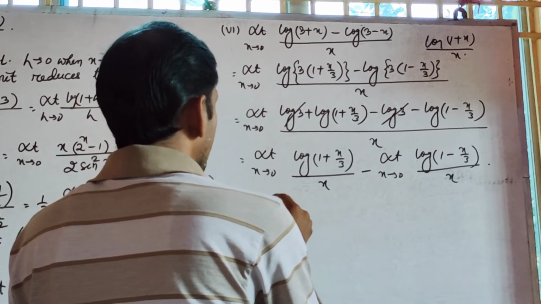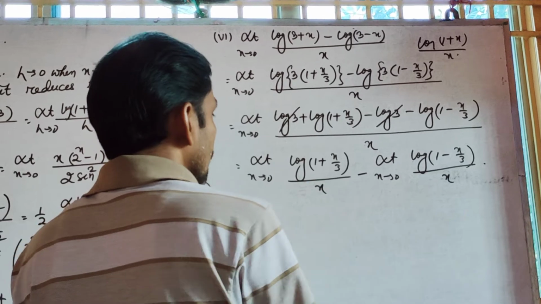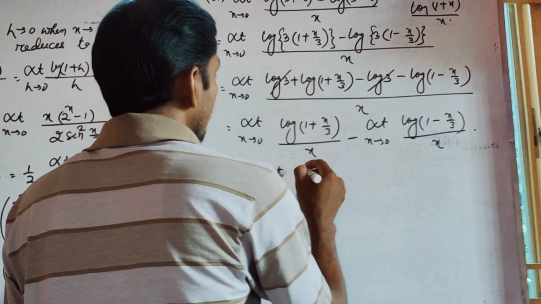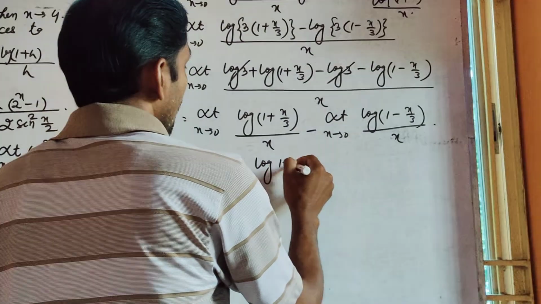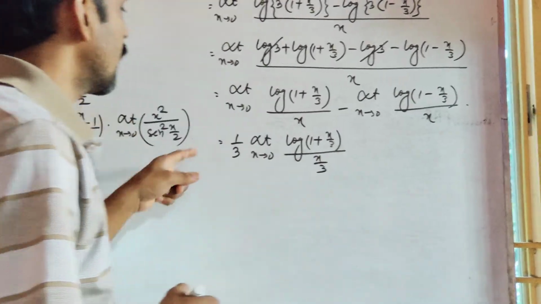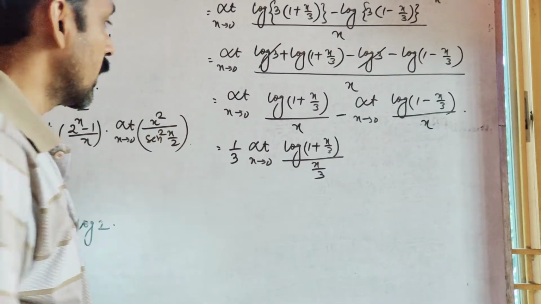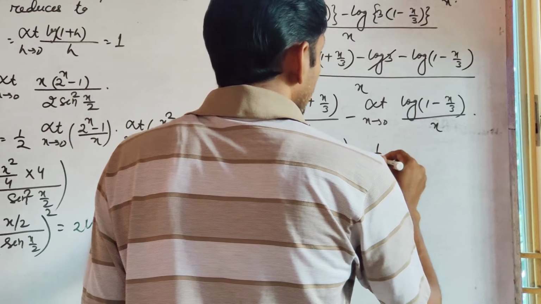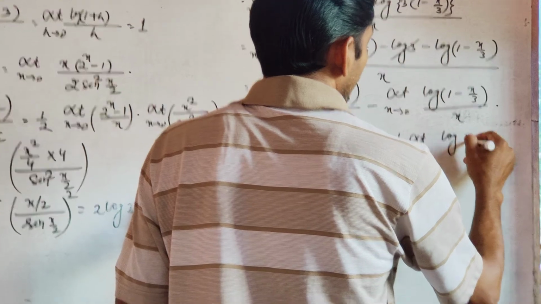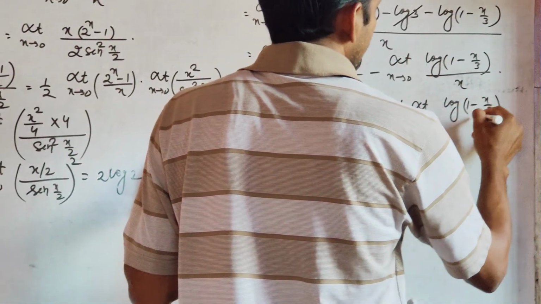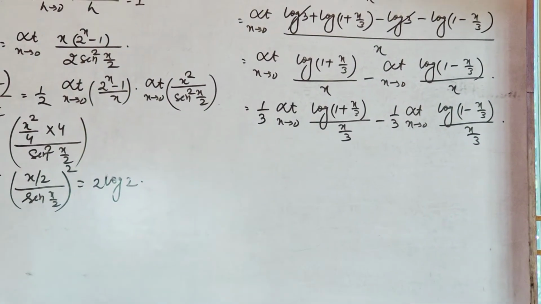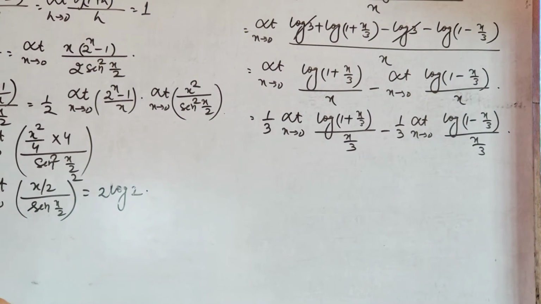So you can write this as 1 by 3 limit x tends to 0, log 1 plus x by 3 by x by 3, 1 by 3 we have multiplied and divided, minus here also 1 by 3 limit x tends to 0 log 1 minus x by 3 by x by 3. Right?